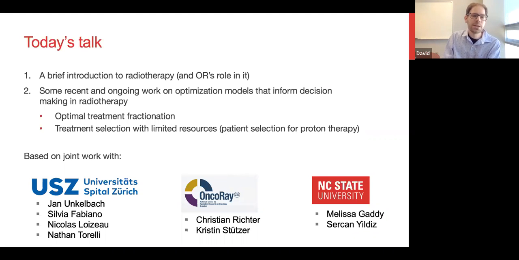And then I'll talk about my work using two vignettes: one about treatment fractionation, which I'll introduce later, and also a more recent problem, which is a little bit more OR healthcare flavored, which is treatment selection and patient selection for proton therapy.